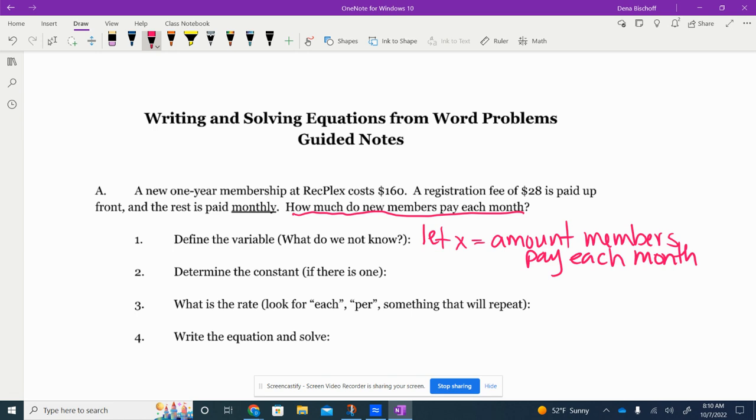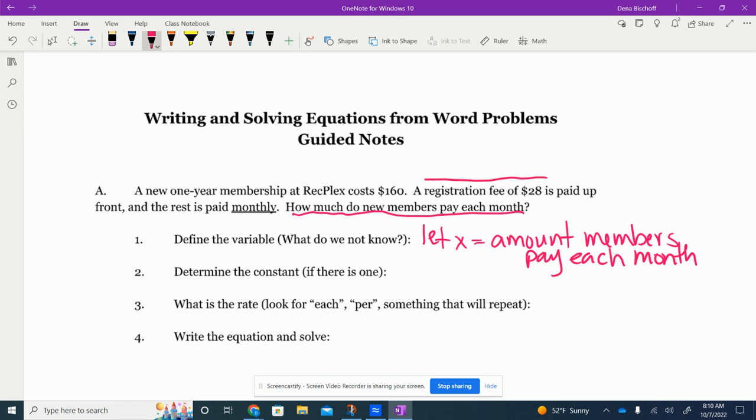Determine the constant. Someone tell me what a constant is. Constant is just something that doesn't change. Yeah, it's the number on here that's not going to change. So it's probably going to be like our flat fee or upfront cost. What's the constant in this?